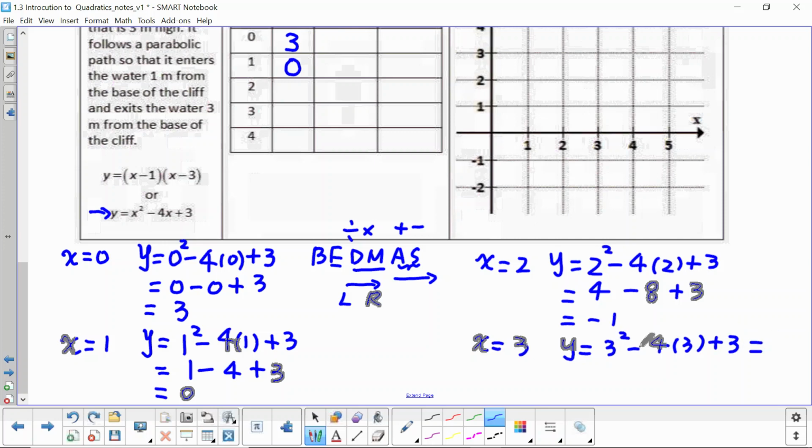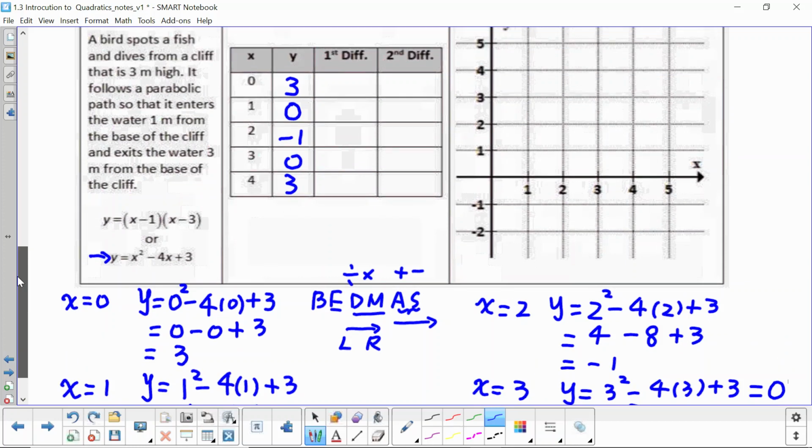Get your calculator out, you will find it's 0. So this is negative 1, this is 0. And x equals 4, we do the calculation. y equals, replace the x with 4. So 4 squared minus 4 times 4, then plus 3. You will have 3. So these are the points on the graph.